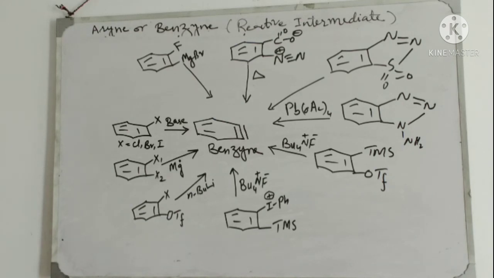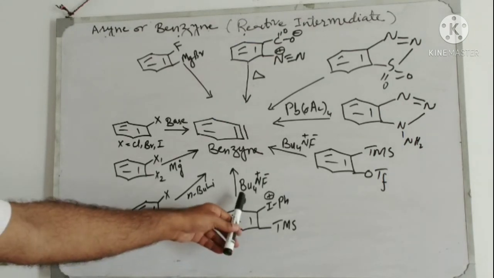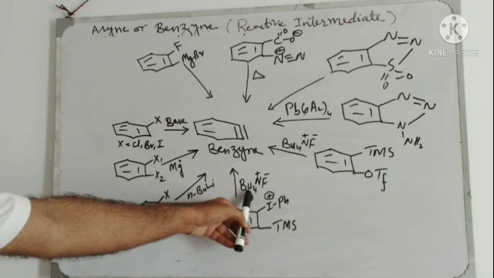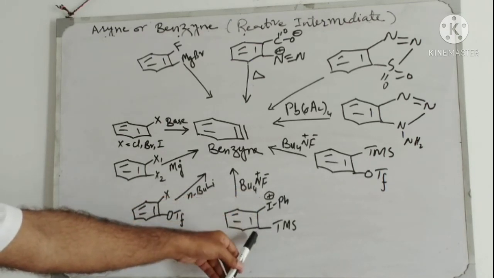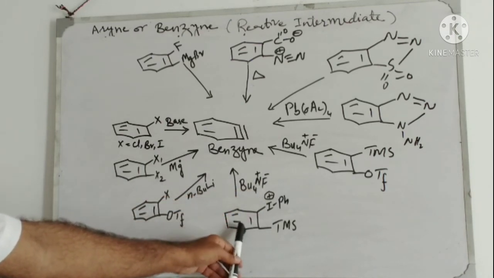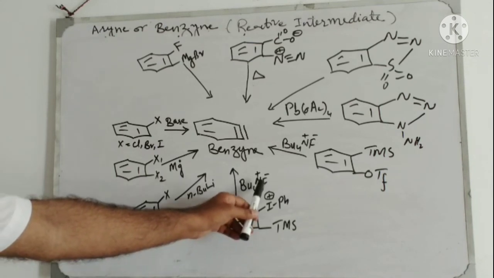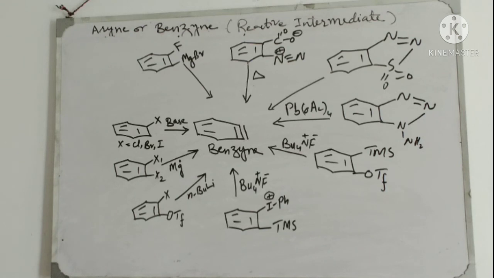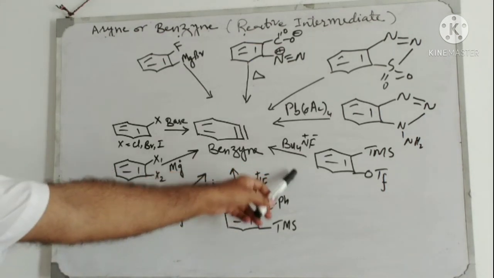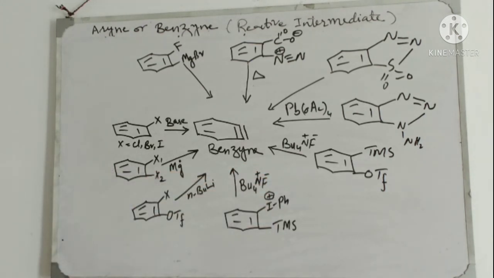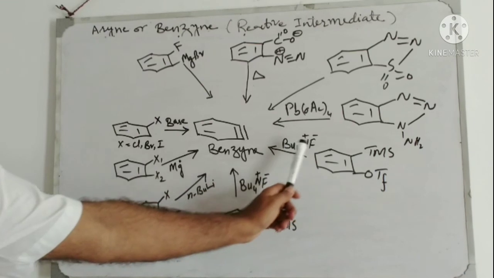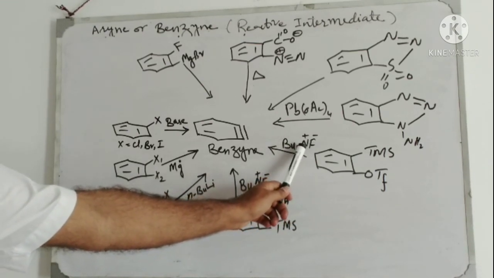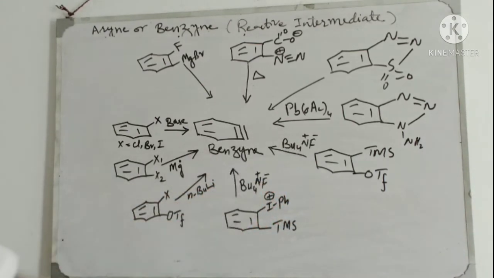When we use tetrabutylammonium fluoride with a 1,2-disubstituted aromatic compound, the fluoride ion removes the group to generate the benzyne. So this is another method in which trimethylsilyl and triflate is a good leaving group, and the fluoride ion is used to generate the benzyne intermediate.